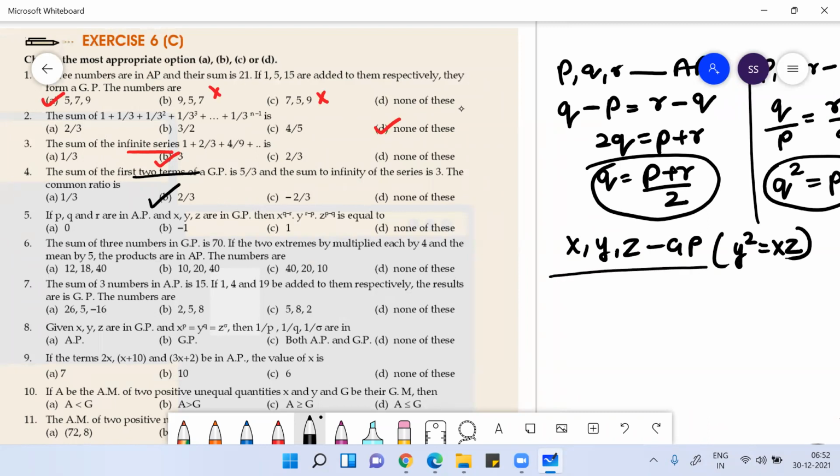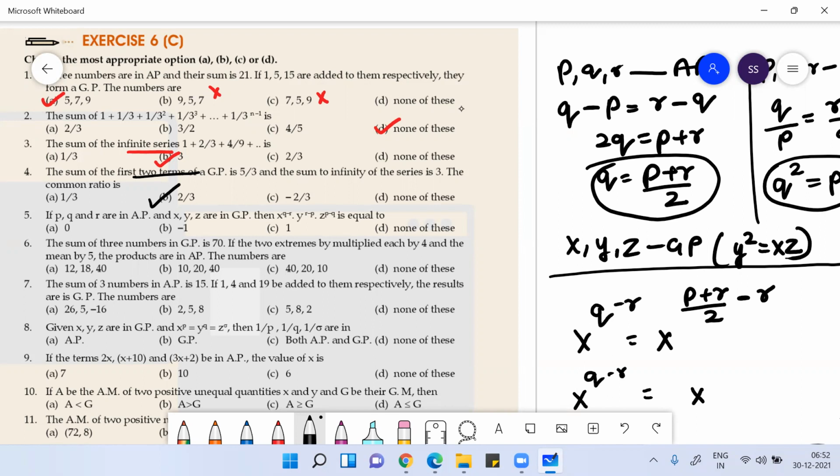Then they are asking you the value of X to the power Q minus R. What is Q? P plus R by 2, minus R. So X to the power Q minus R, you can write this as P plus R minus 2R by 2.